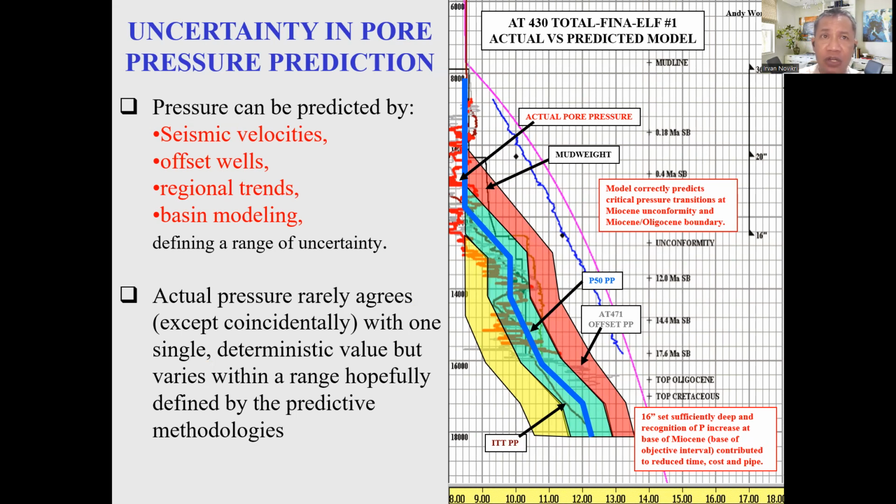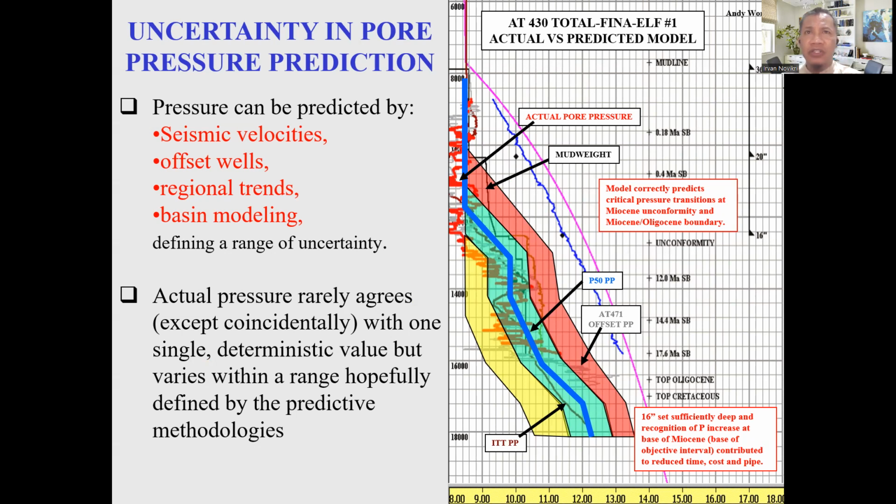This variation is not due to chance, but influenced by predictive methodologies such as seismic velocities, offset well, regional trend, and basin modeling. These methodologies aim to define a range of uncertainty within which actual pressure is expected to fall, providing valuable insight for drilling and resource exploration.